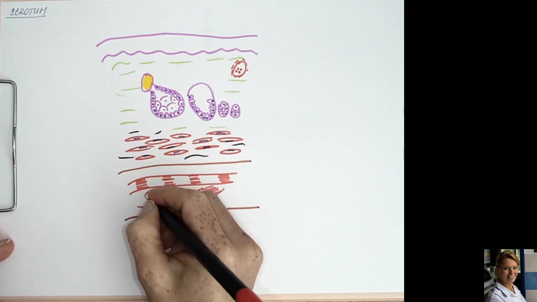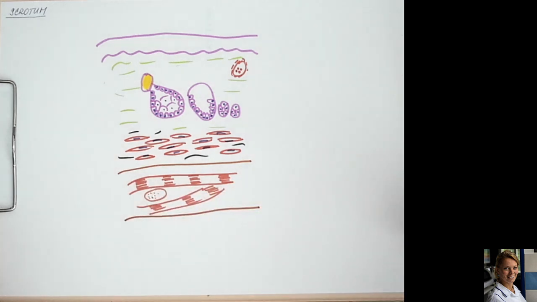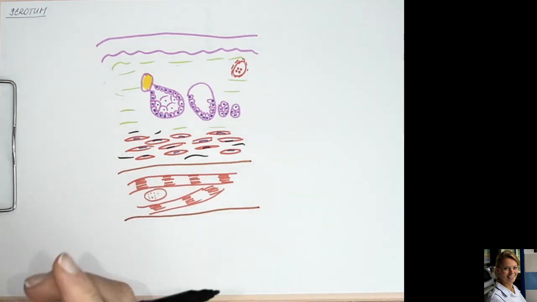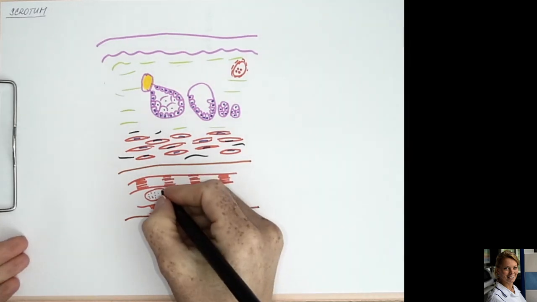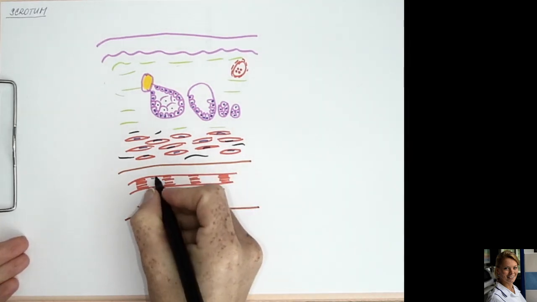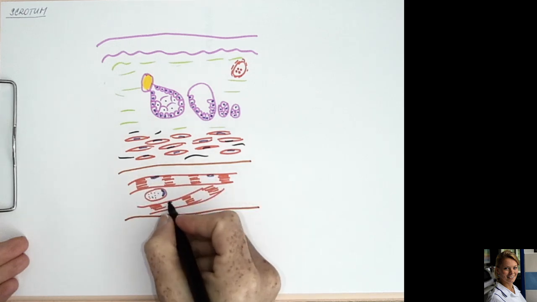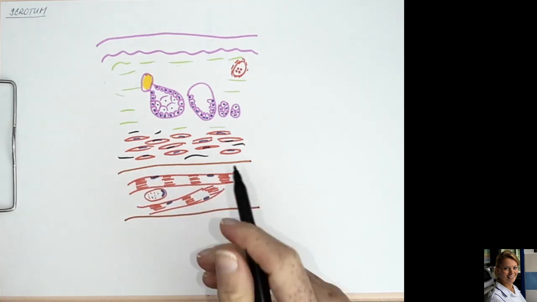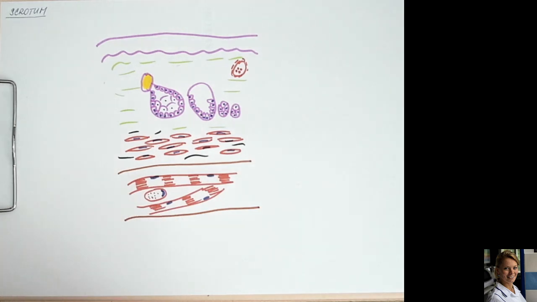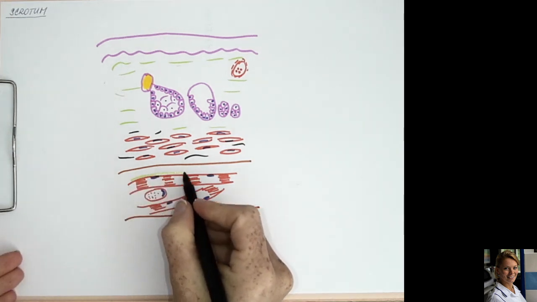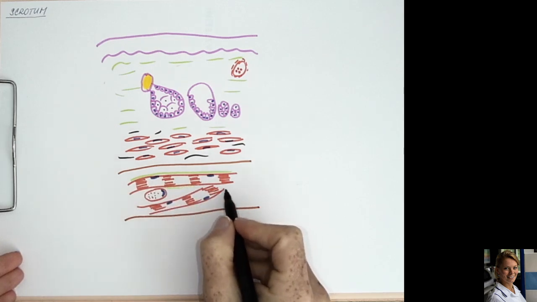It's visible also in the cross section through the collagen fibers. Muscle fibers. Nuclei on the periphery. And this is the cremaster muscle with cremasteric fascia on the surface.